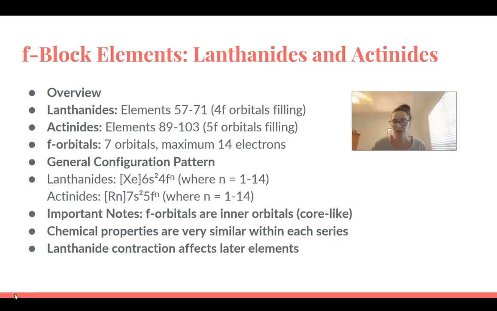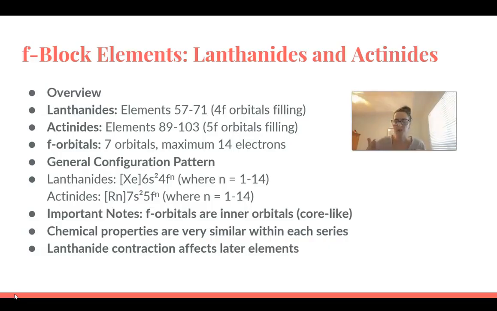Lanthanide contraction is when the atomic radius of an atom is smaller than expected. And remember, the atomic radius has to do with the pull of the nuclear charge on the valence electrons. Pulling them closer will result in a smaller atomic radius. Because those f orbitals are kind of buried deep within the d sublevel, when electrons are in the f sublevel, they also provide very poor shielding effect.